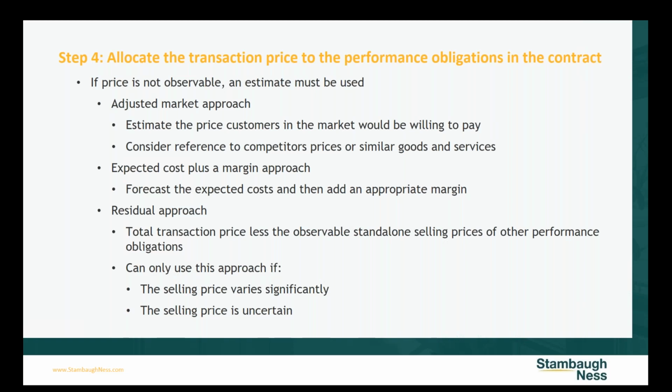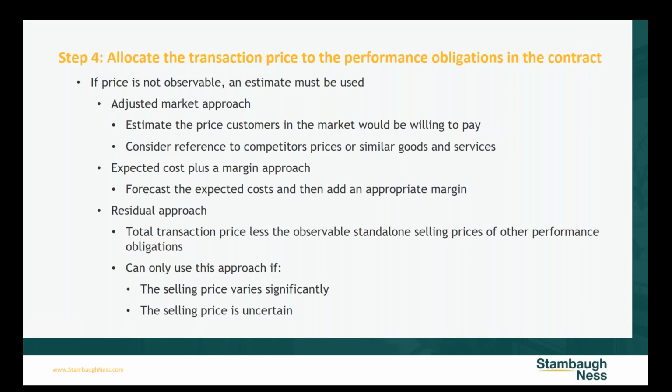But in most cases, I think the adjusted market approach is probably the first step, because we really need to say, okay, can we go out and can we find a like price? Can we identify what the customer is going to be willing to pay? And then essentially go to the residual approach if it's just way across the board and we can't really identify a like item or a like service.